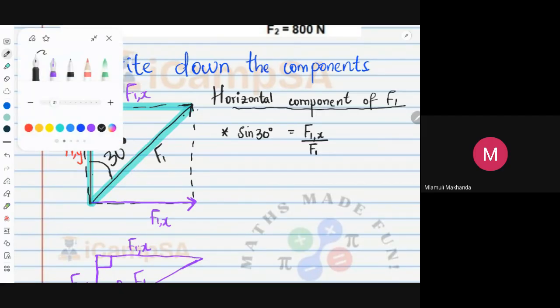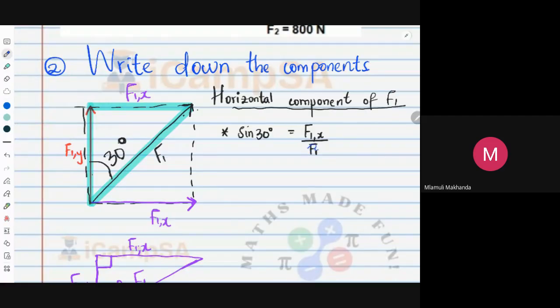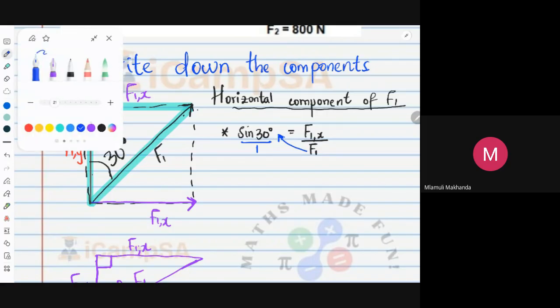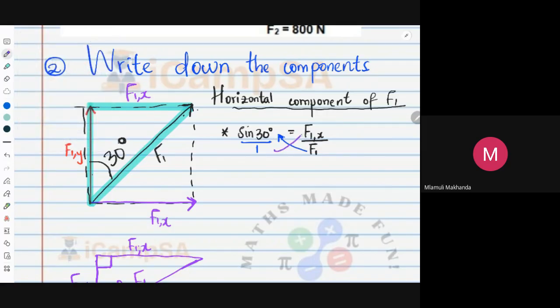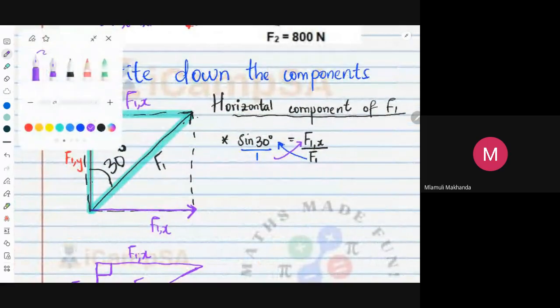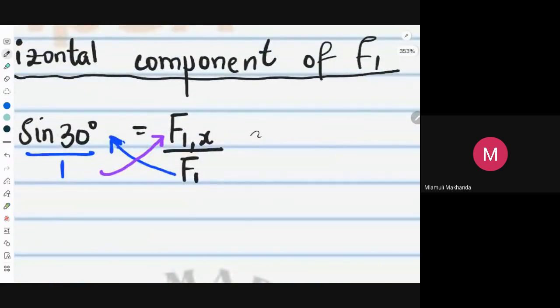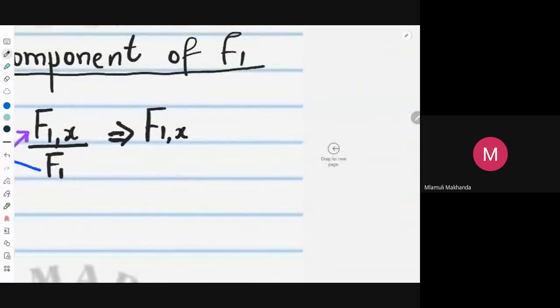And we know that if we take this guy and cross multiply, remember, this is just simply over 1. And we also take that guy and cross multiply here. What we will get is that F1x. Let me just write it here so that F1x, right? Okay, it won't fit here.